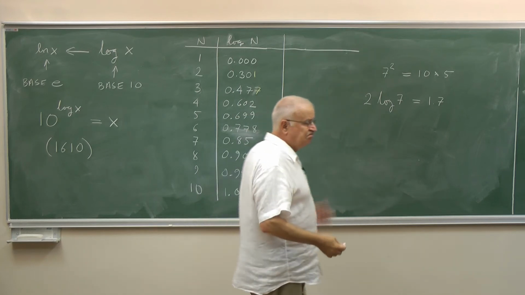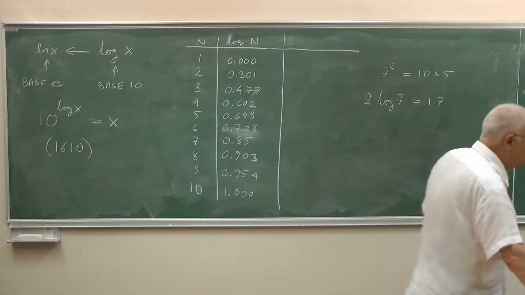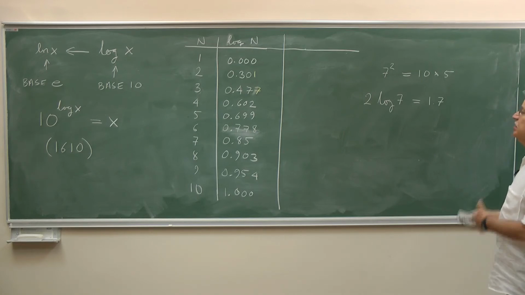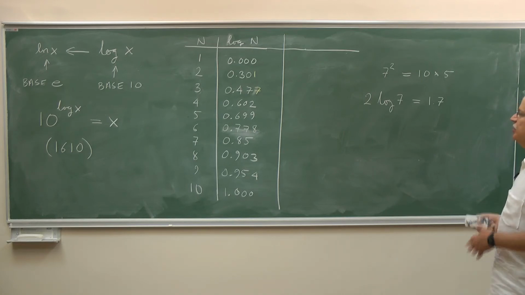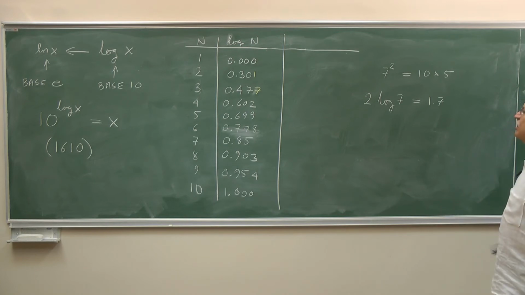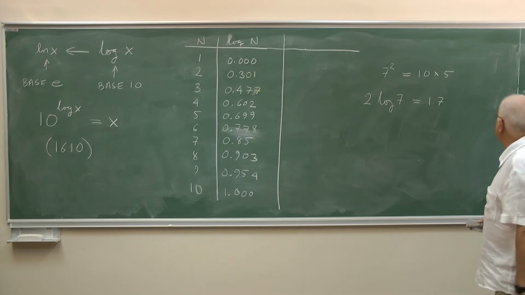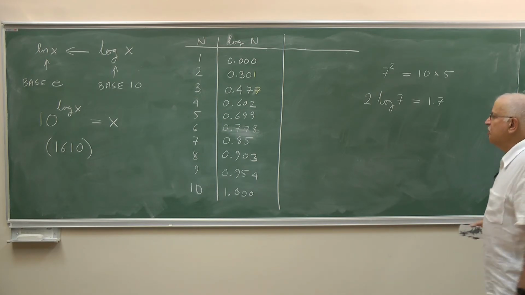But with logarithms to base 10, people did long calculations in a shortcut manner, very difficult divisions and so on, especially involving trigonometric functions.